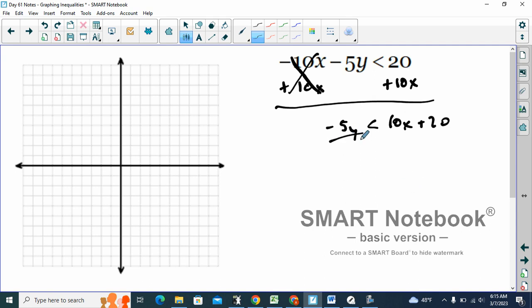Divide both sides by negative 5. 10 divided by negative 5 is negative 2x. 20 divided by negative 5 is negative 4. We do flip our inequality because we divided by a negative number. And now we graph. Y-intercept is negative 4.